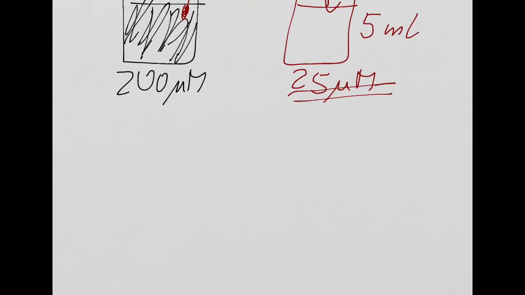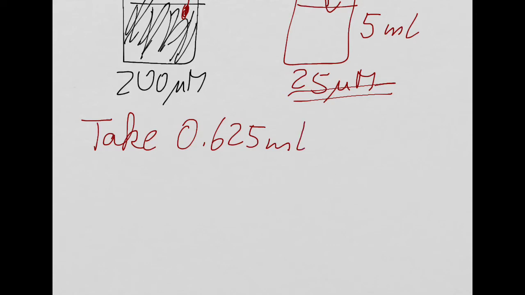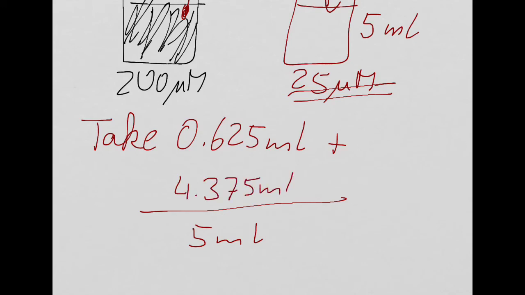So we take 0.625 milliliter plus, and together we get 5 milliliter. How much water? 4.375 milliliter water. And we have a total volume of 5 milliliter. And in this case, it has exactly the right concentration that we wanted.